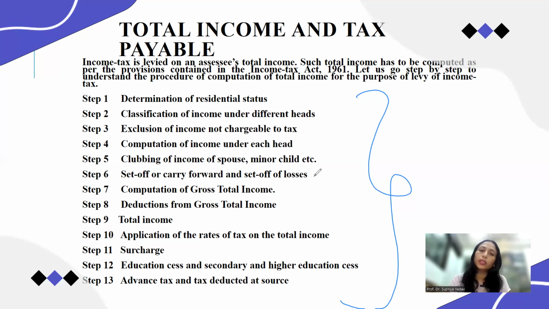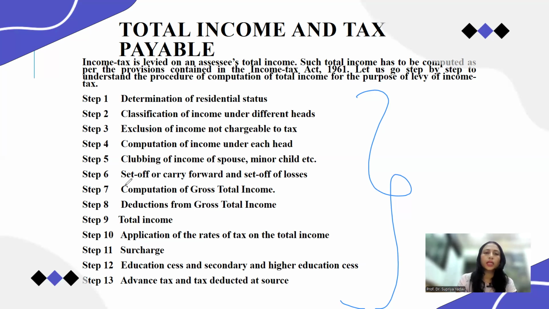That income also I am going to club. So here my income of 5 lakhs, my spouse's income of 1 lakh, and my minor child's income of 20,000. So my total income is 6,20,000 for the previous year. This is how the clubbing is done.